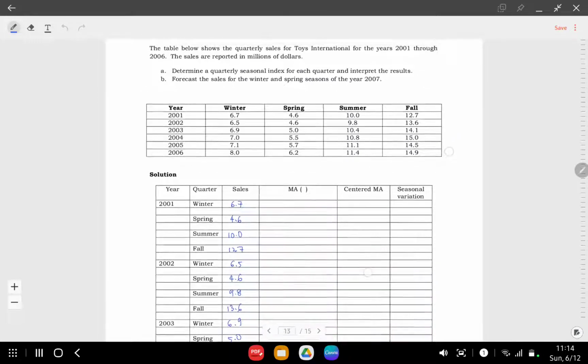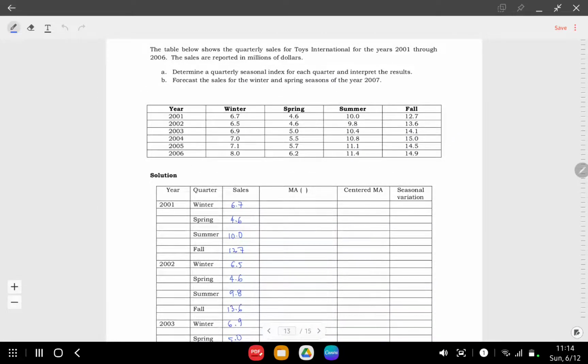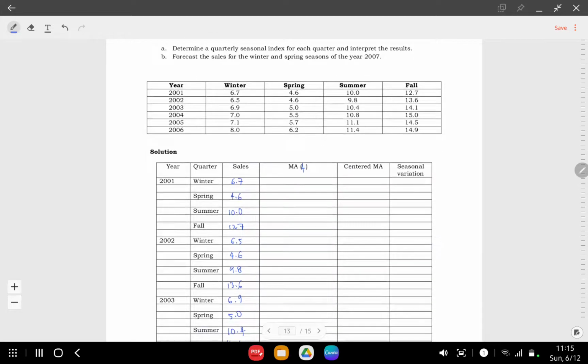Then we need to calculate the moving average for quarter. Remember what we learned in the video lecture in week 10.